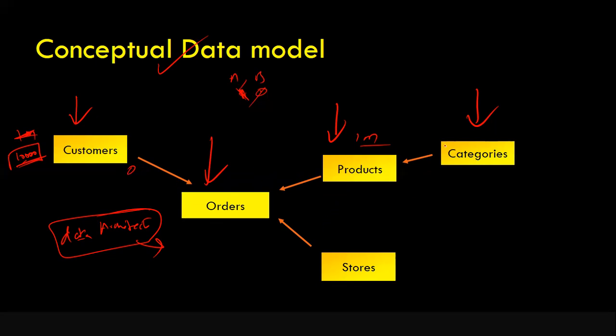The category and products tables capture which products fall under which categories, and the orders capture which products were ordered, in which store, and by which customers. You get to know this if you have a data model design like this.